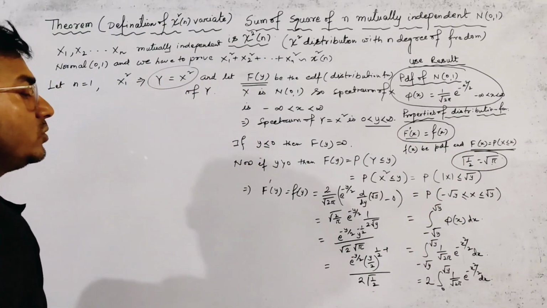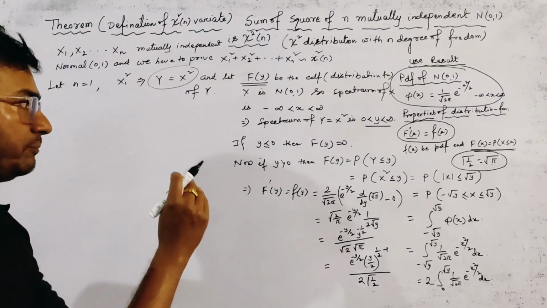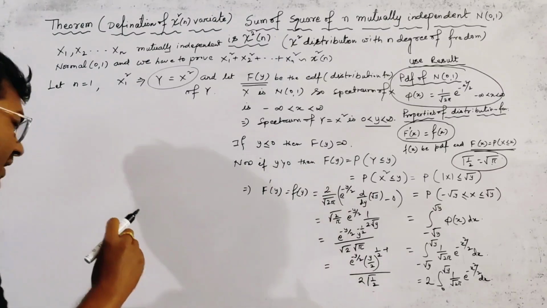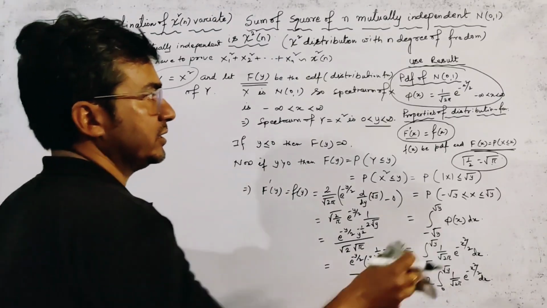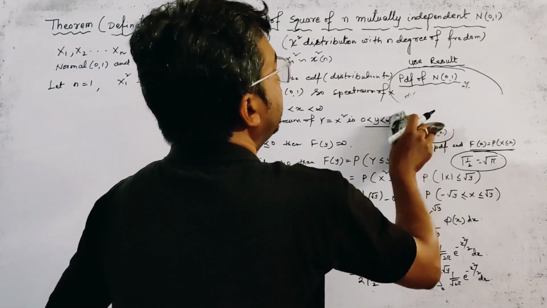Okay, now if we see the PDF of Chi-Square n, what is the PDF of Chi-Square n?